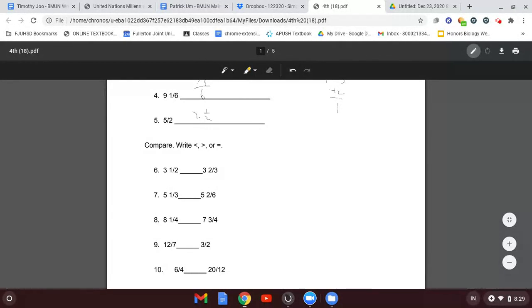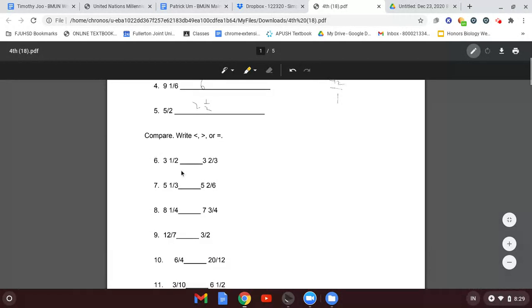So all you need to do is make the denominators equal to each other, and that's how we can figure out which one is bigger and which one is smaller.